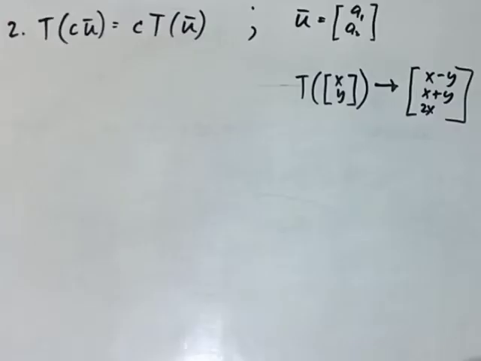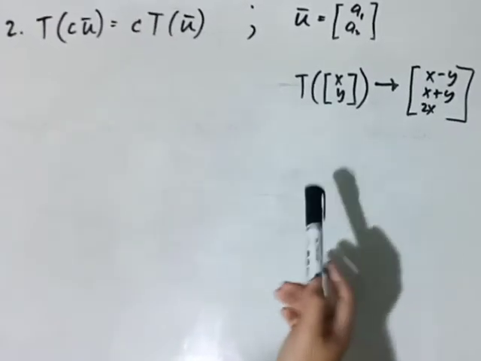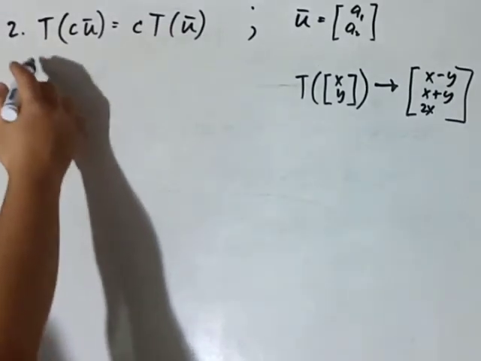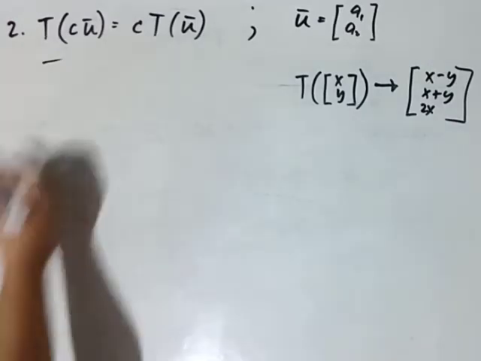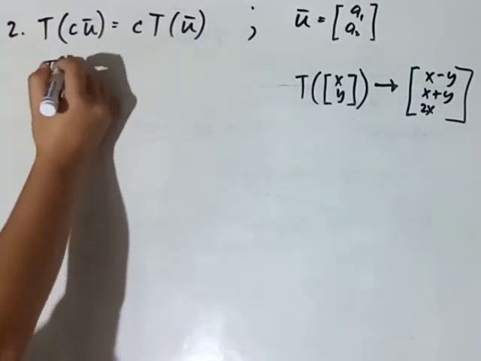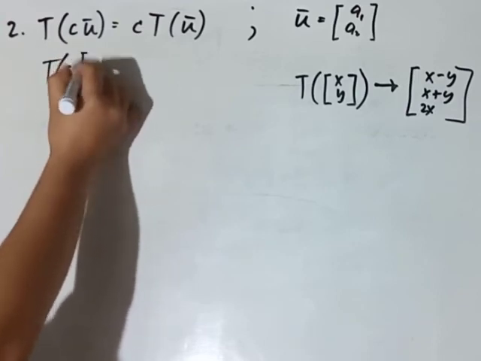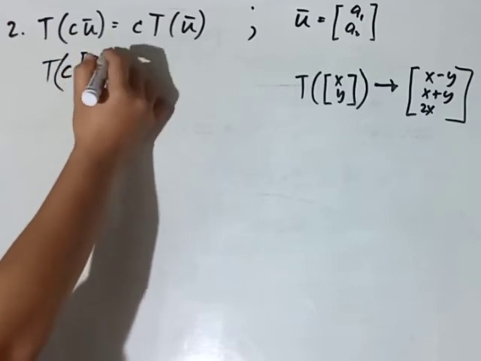So let us see if the second condition will also be satisfied. So as usual, vector u is equal to a sub 1, a sub 2. So if we're going to take this property, this would be the transformation of the scalar times a sub 1, a sub 2.